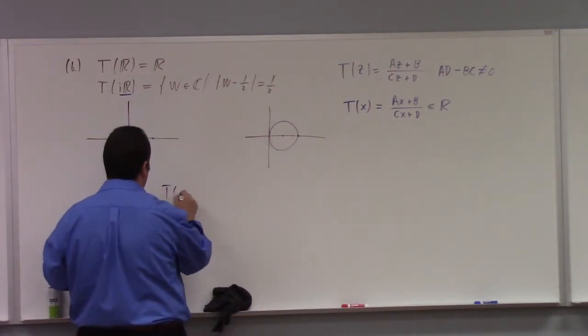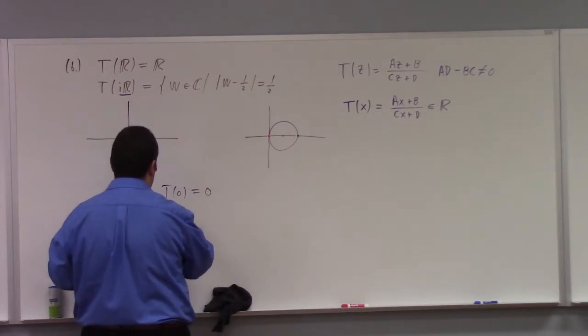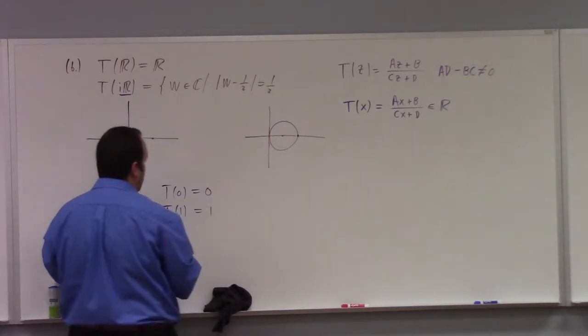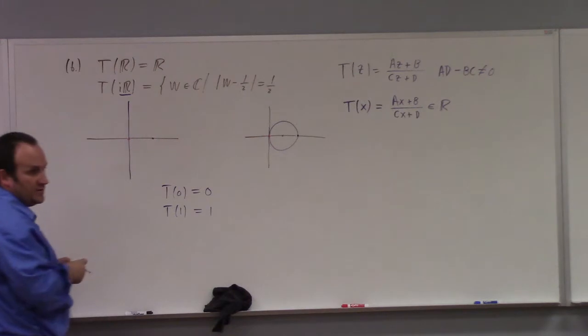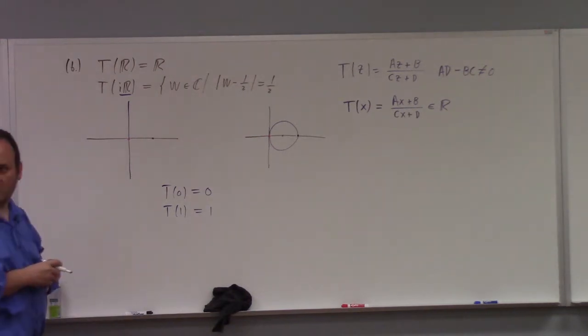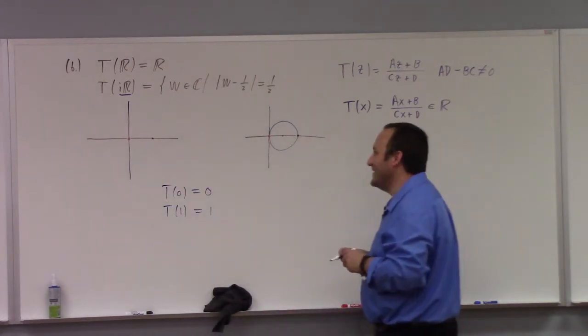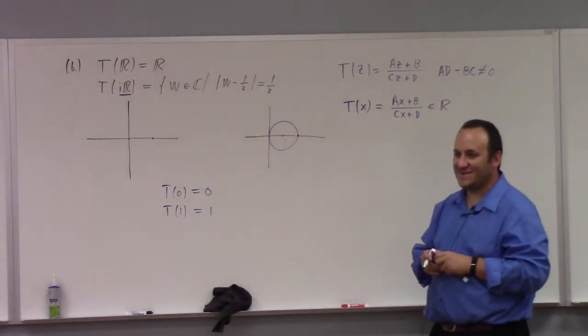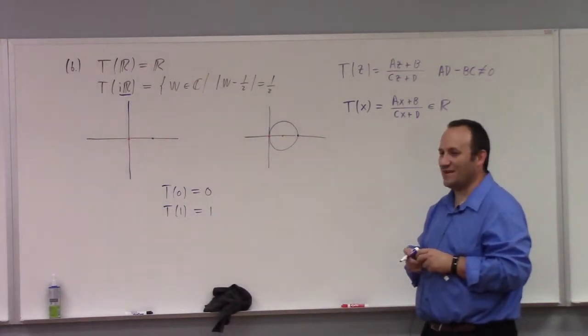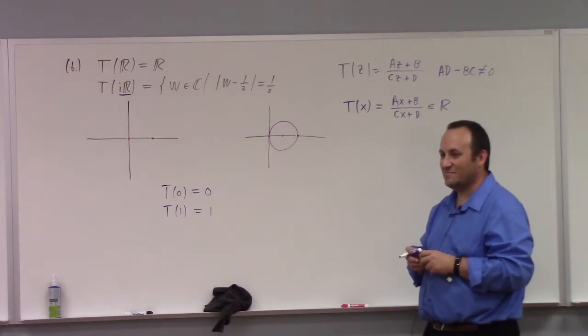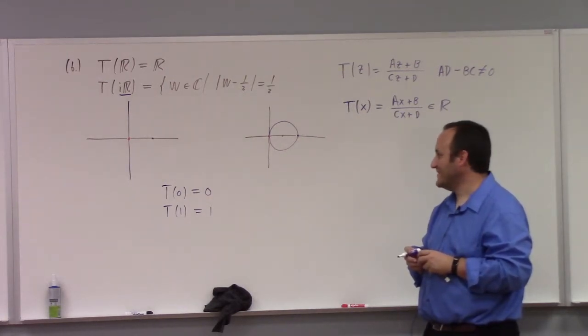So it's T of 0 is 0. T of 1 is 1. And if I wanted to go to this circle, I should do... That's the thing, I have no earthly idea where I should get the third point on the circle. Maybe that's why this doesn't work.